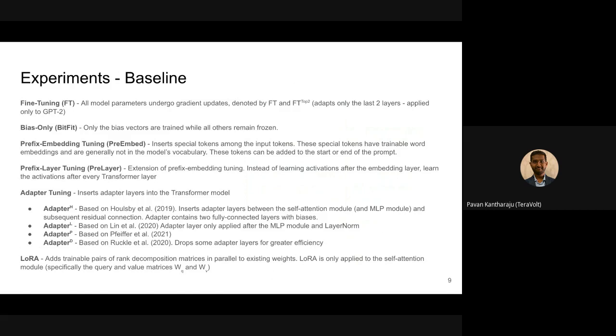There's also a bias-only baseline where they keep every other parameter frozen except for the bias vectors, and they only tune the biases.